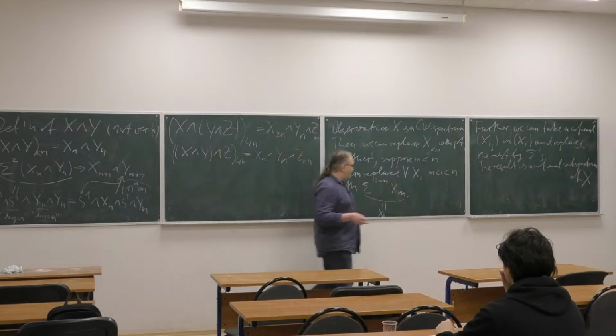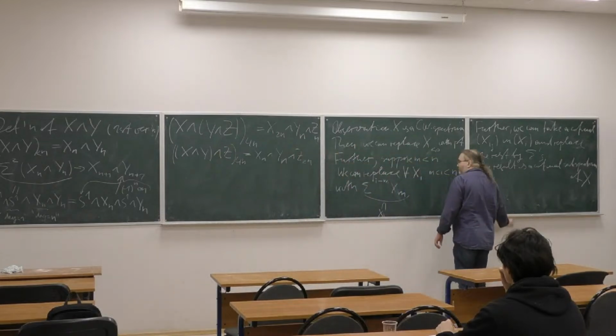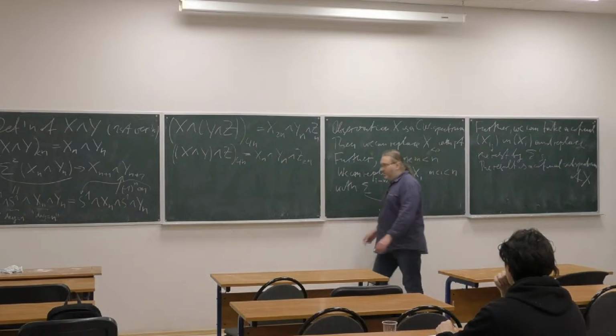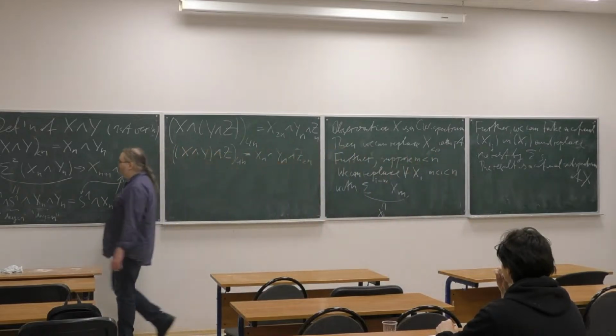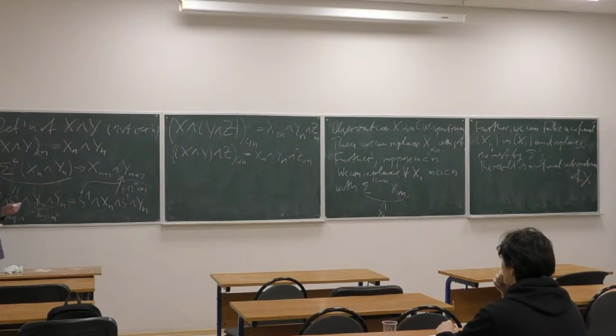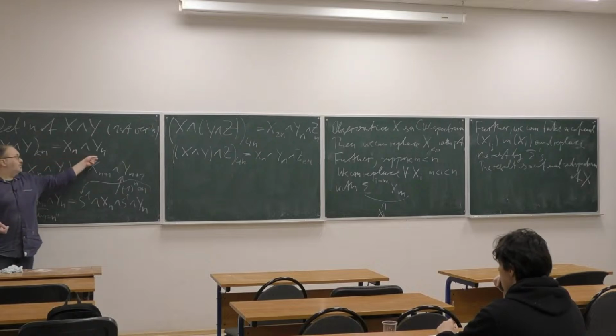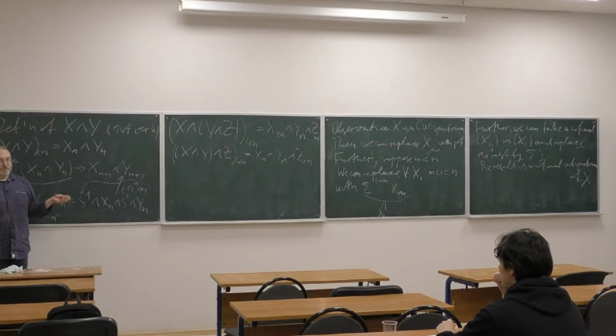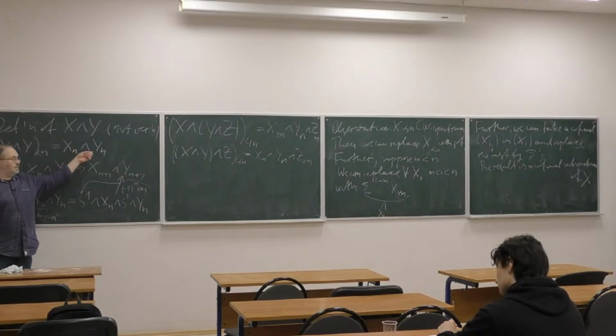So what do we do? Well, we need to be more flexible. For example, here I take x to the n and y to the n, which have the same index.